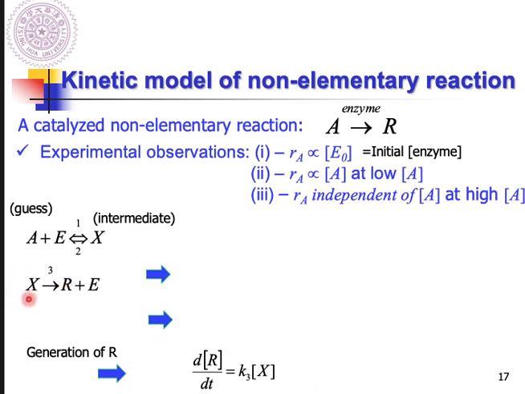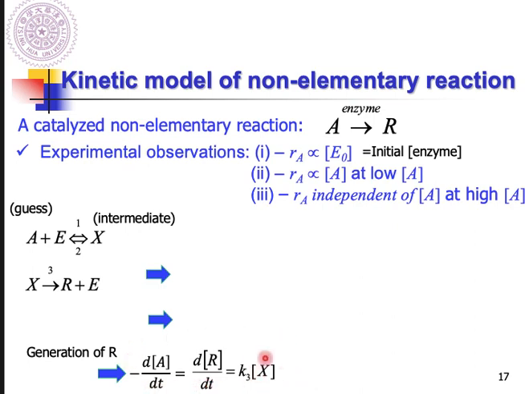So this is the generation rate of product R, right? And the observation you actually make is the consumption rate of reactant A. So is there any relationship between A and R? Yes, the consumption rate of reactant A will be equal to the generation rate of R. So you get this result, right?